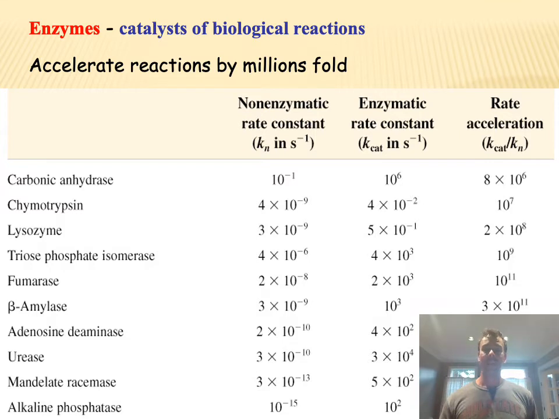Without the enzyme present, that happens at a very slow rate. But with the enzyme, you get a much higher rate reaction. So there's obviously a huge acceleration in the rate. So that's basically what enzymes are for. It's to take a reaction that would be very slow without the enzyme present and to make it occur much more quickly.